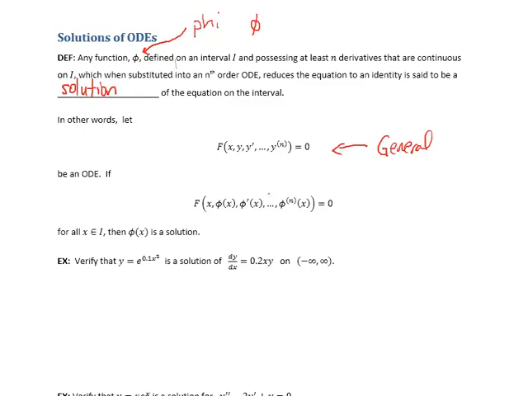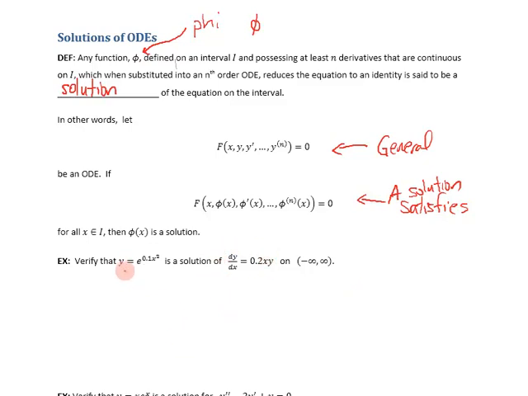So this is just a formal way of saying that a solution satisfies the equation. Now, unlike in algebra, where you just plug in a number for the variable and see if it's equal on both sides, you sometimes have to do a little bit of work in order to verify that something is in fact a solution.